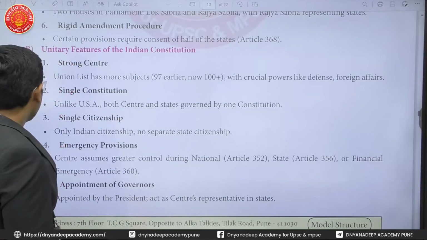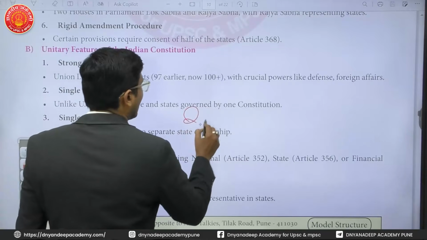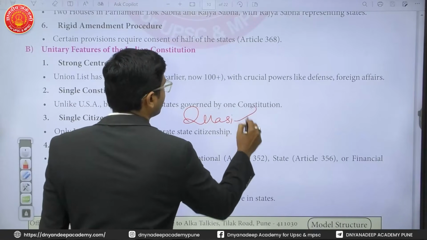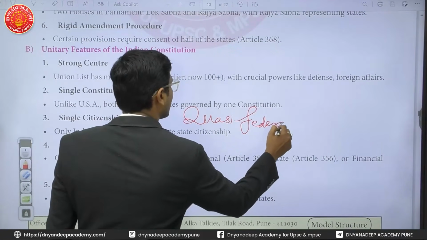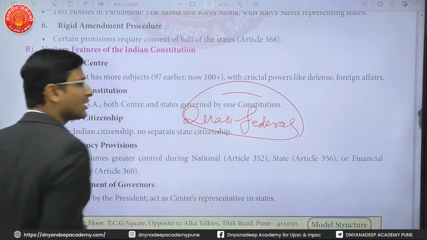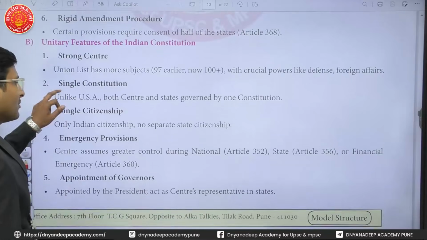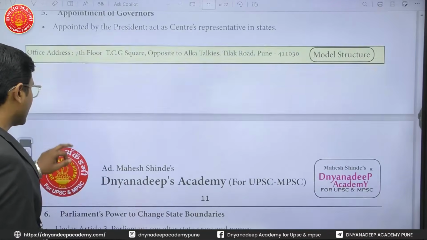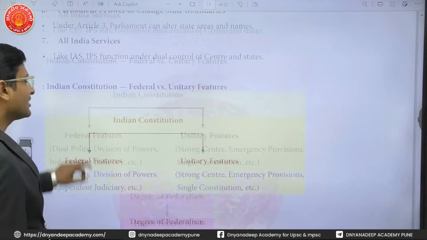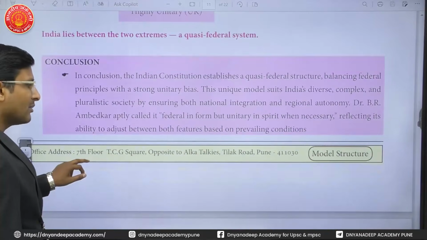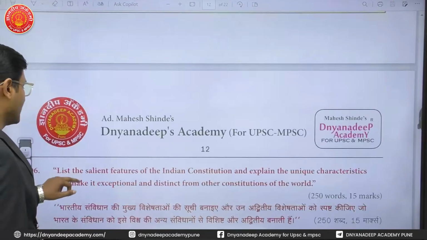And that is why we call the Indian constitution quasi-federal. We are not completely federal, we are quasi-federal, because there is federalism, but of course there are unitary features. So that makes Indian federalism a half federal or quasi-federal state.